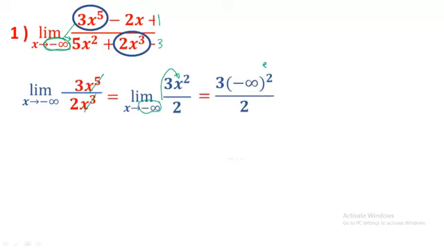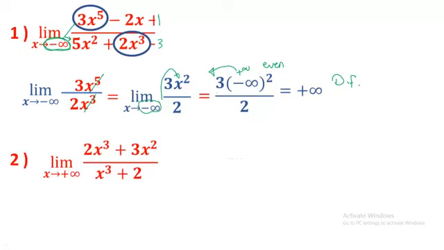Because this is an even power, minus infinity becomes plus infinity, multiplied by a positive number is positive infinity, and divided by 2 we get plus infinity, which is a determinate form.